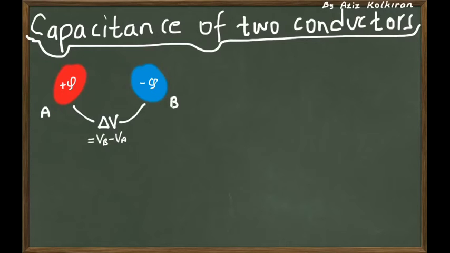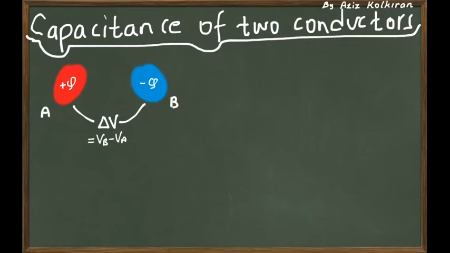But we define the capacitance of a two-conductor system if they hold a charge Q. If one of them holds charge Q, the other must hold a charge minus Q. This is the definition. A capacitor of two conductors is defined by the charge of one of the conductors, and this charge is the same for both conductors, but they are opposite in sign.